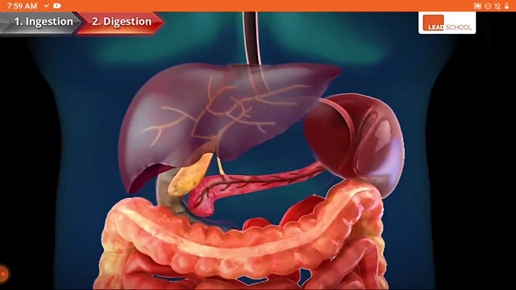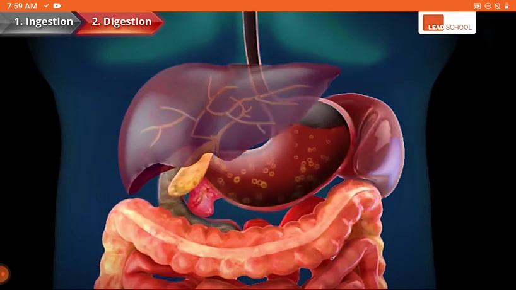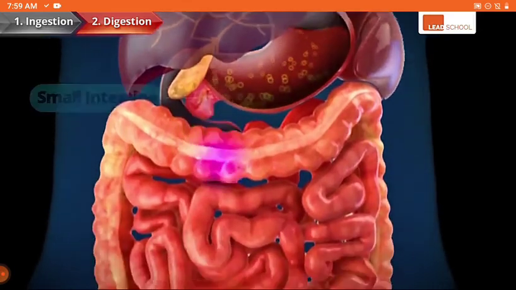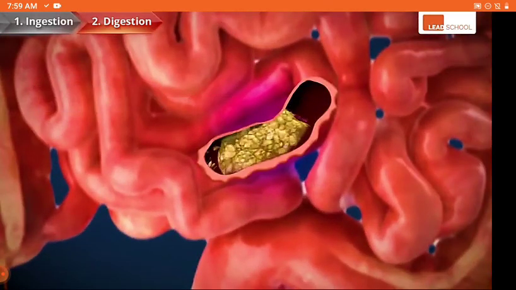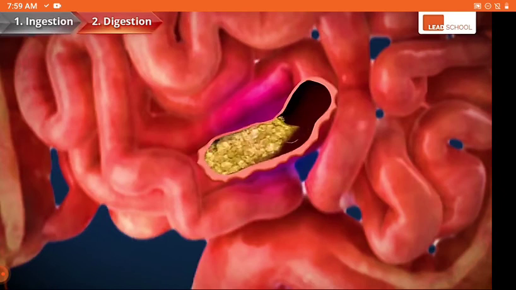The pancreatic juices break down carbohydrates, fats, and proteins. The food now reaches the lower part of the small intestine, where it is mixed with intestinal juice. This completes the breakdown of all food groups into smaller and simpler substances.